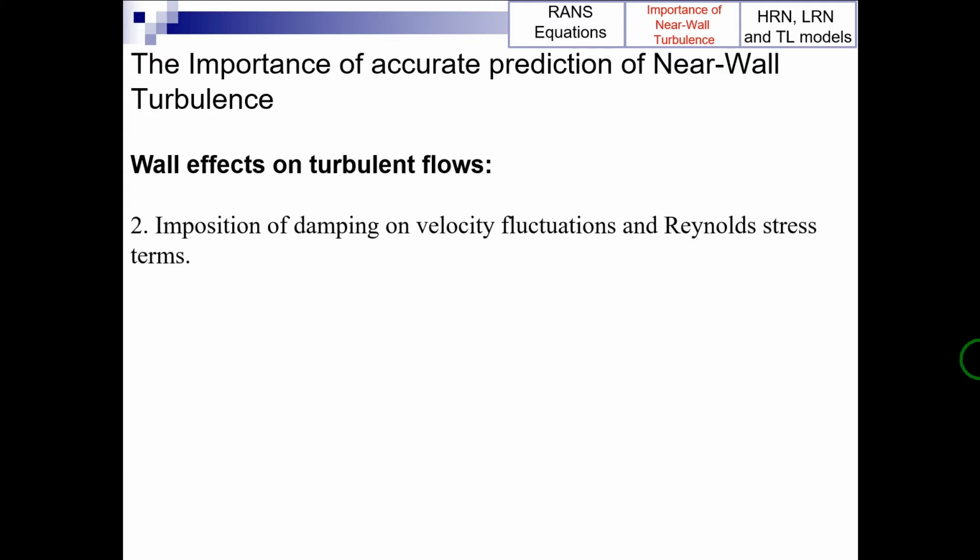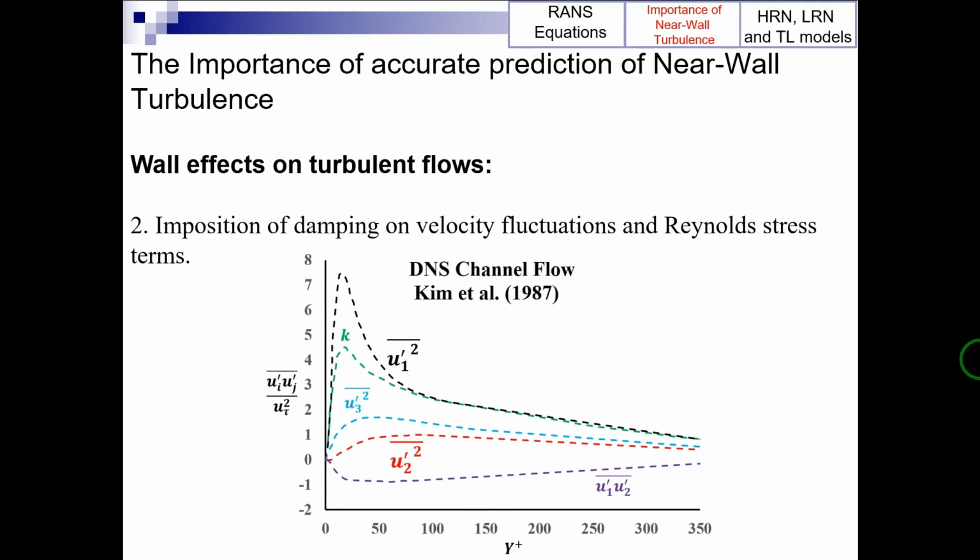Additionally, imposition of damping on velocity fluctuations and Reynolds stress terms, as can be seen in this figure, which shows the results of a DNS simulation of turbulent flow inside a channel at a Reynolds number equal to 13,750. As we get closer to the wall, the velocity fluctuations go to zero.